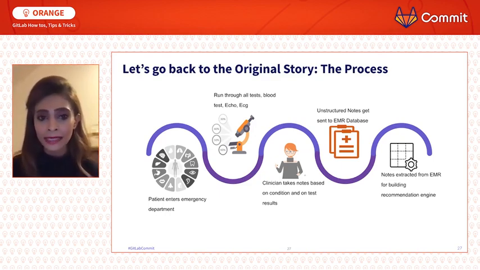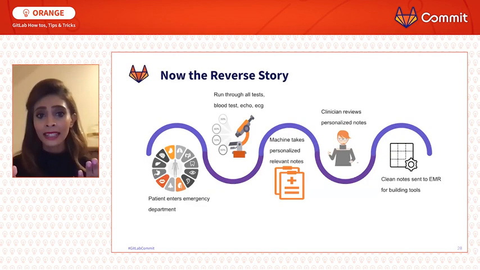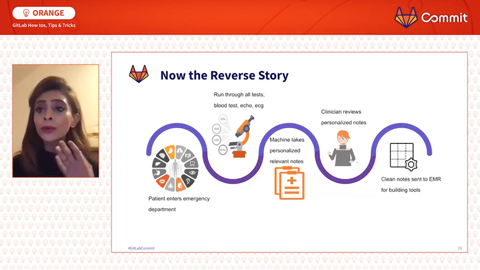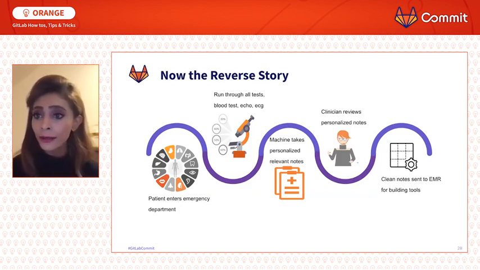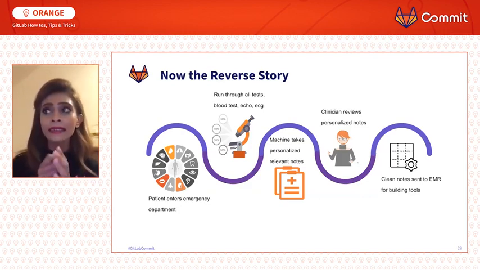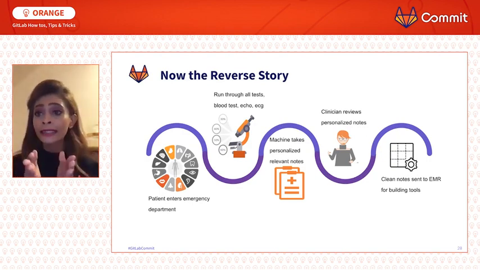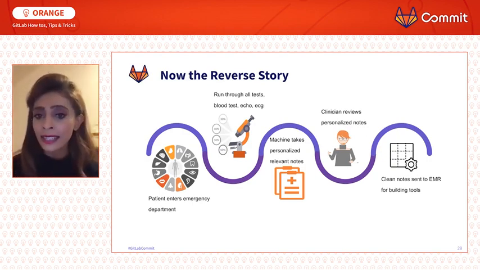What actually happens then? We can look at it this way, reverse the story. The patient enters the emergency department, runs through all the tests, and the machine takes all the personalized, relevant notes, where in the slide where we looked at the NLP process, it already does that.